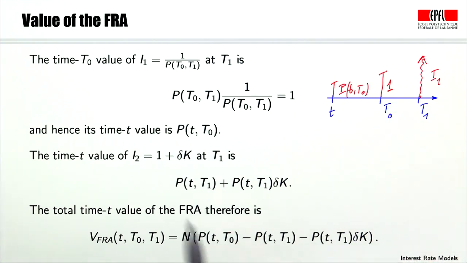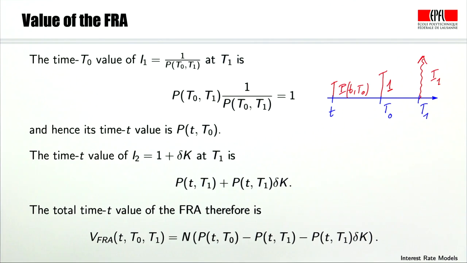Now the time small t value of I2 we get even simpler because this is a cash flow that we know at time small t, hence its time t value is simply given by multiplying it with the T1 bond. This is what we get.